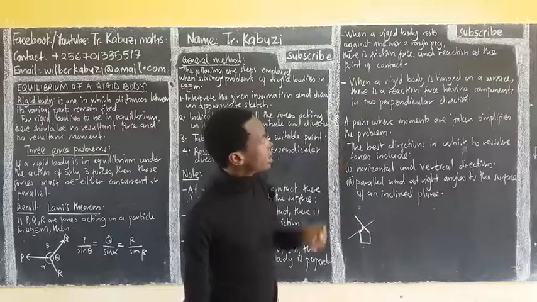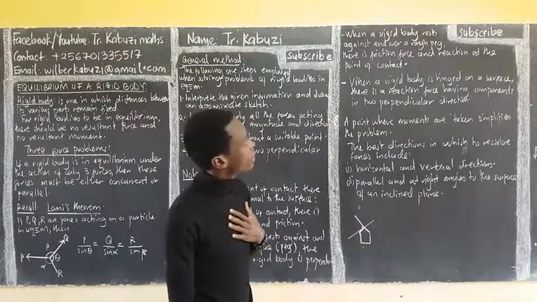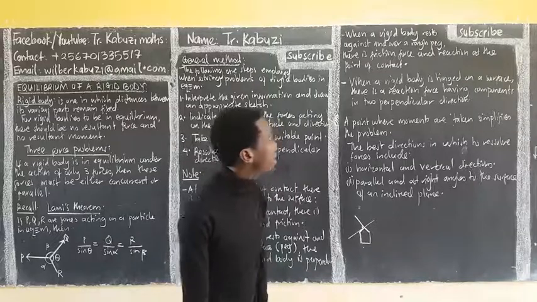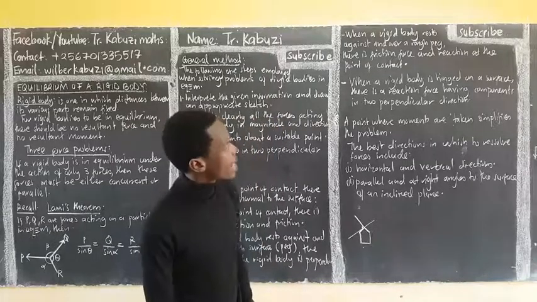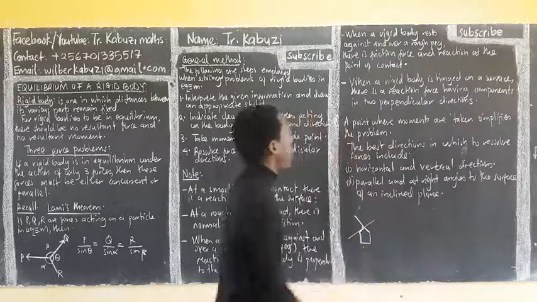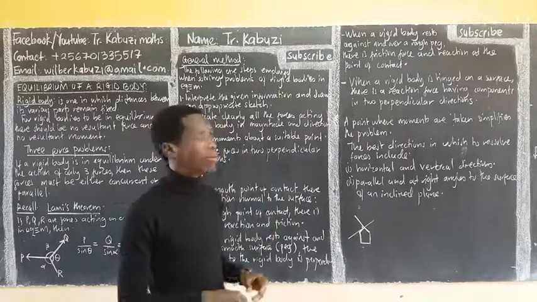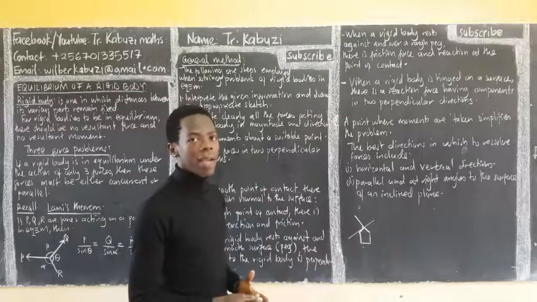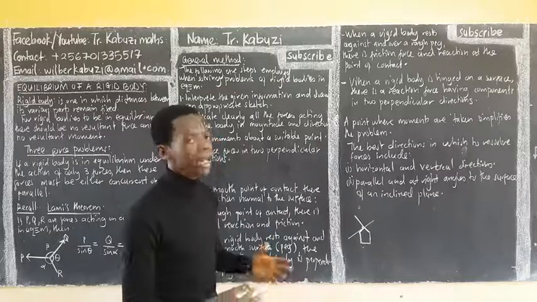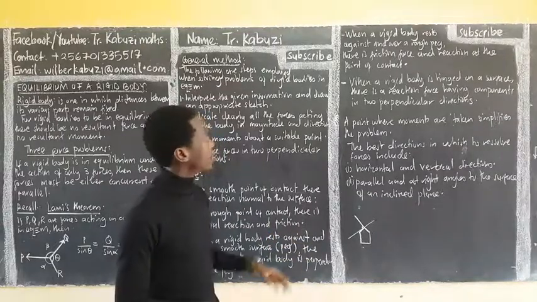When a rigid body is hinged on a surface, there is a reaction force having components in two perpendicular directions. Okay, we are going to see all these diagrams in the next lesson: how we put the reaction, how we put friction, depending on where the rigid body is going to slide.